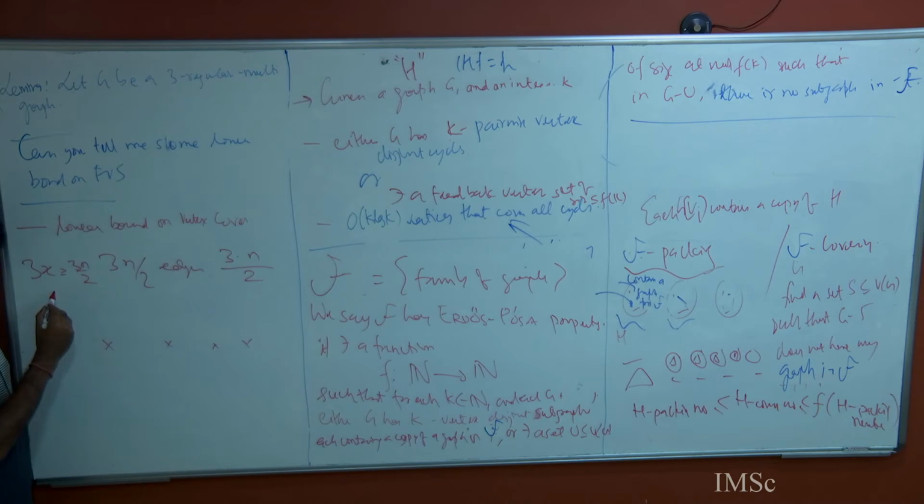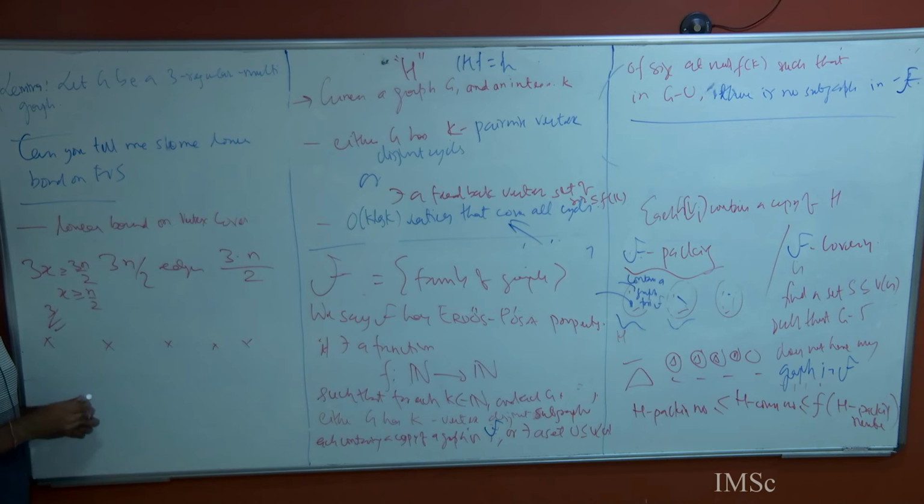So x is at least n by 2. So what is my statement? If a graph G is 3-regular, then any vertex cover, minimum, maximum doesn't matter, any vertex cover has size at least n over 2.